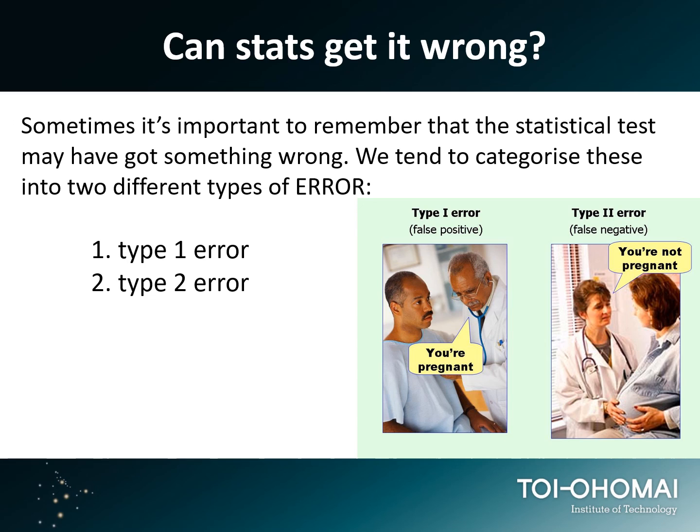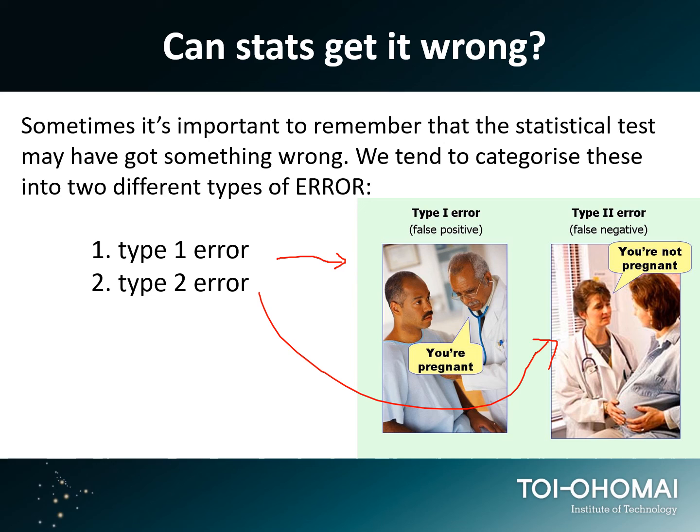There's a type 1 error, a false positive, where you believe that there is a difference between two groups when there's not actually a difference, and a type 2 error, when you believe there's not a difference between two groups when actually there is.